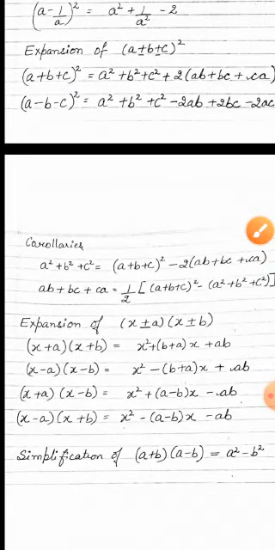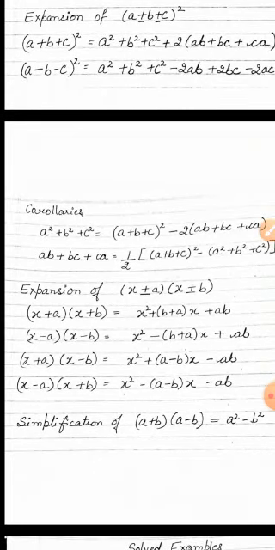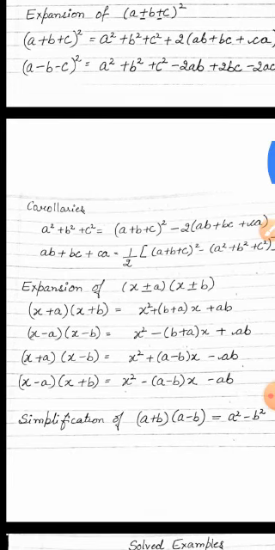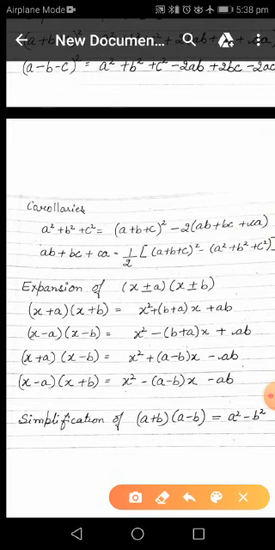The corollaries based on the above expansion. Over here, just now we studied about a plus b plus c whole square. Now if I need to find a square plus b square plus c square, what I do is, the expansion which I discussed right now was a plus b plus c whole square.